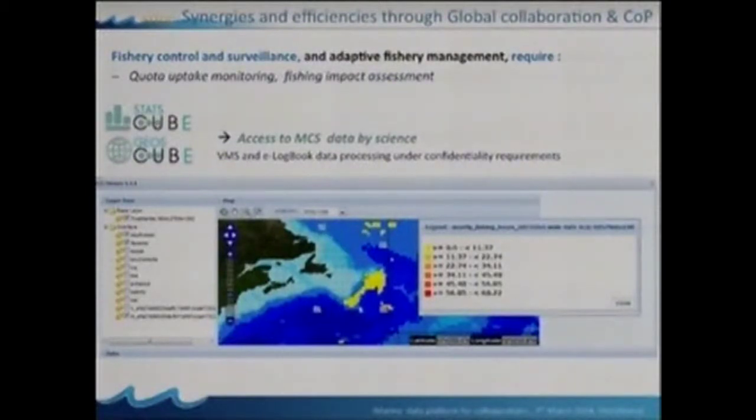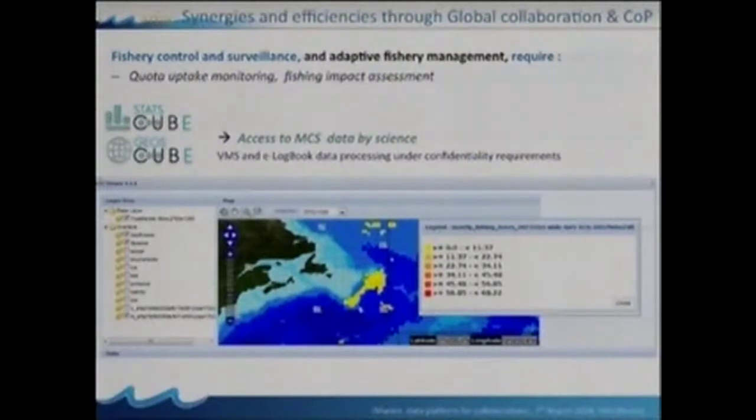But these VMS systems were initially set up for control and surveillance purposes, but are of high value to science in order to assess fishing impacts, for example. And having the capacity to easily provide access to MCS data to science is one of the goals we are pursuing.